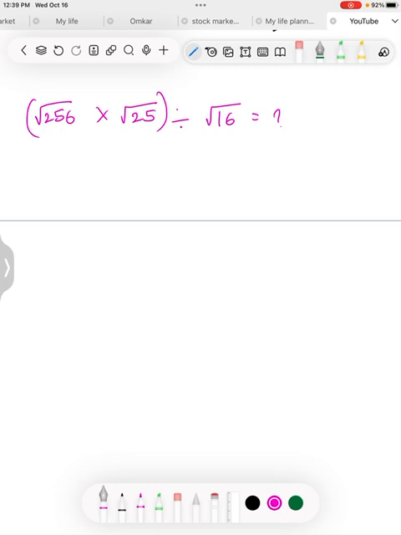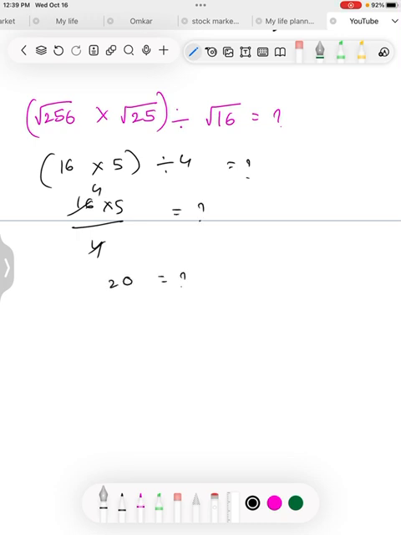Let us see how we will solve this question. Here we know 16, 5, and we know 4. So in this way you can cancel, and you will get the answer. It's a simple question. Now let us go to another one.